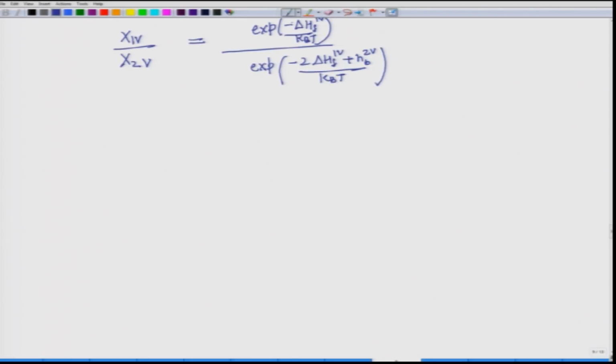Now, since these are exponential terms and we are dividing, it is as good as subtracting the term inside the exponential. This term will get subtracted from the one in the numerator.